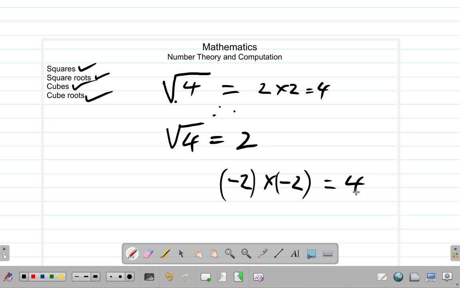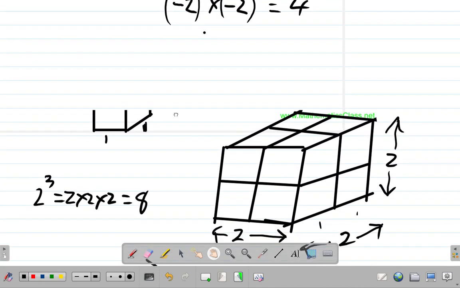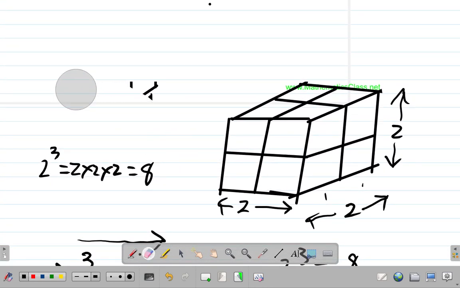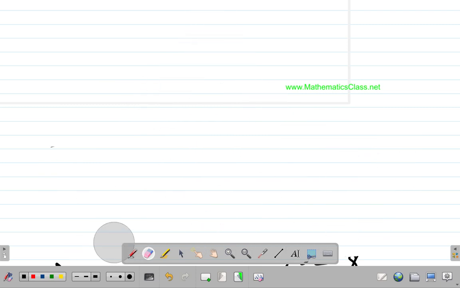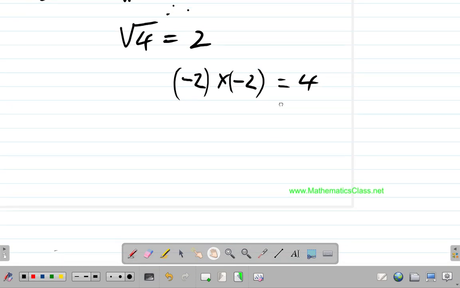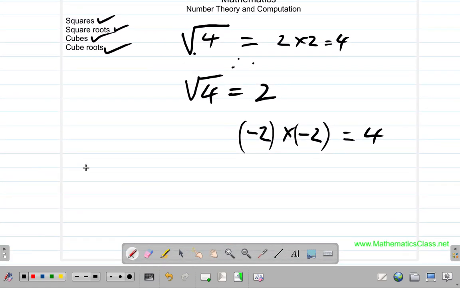So 4 has two square roots. Let me rub out this and see what's going on. Now you can say the square root of 4 is 2 and negative 2. So 4 has two square roots.